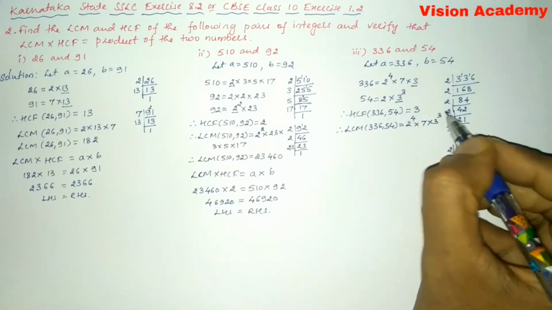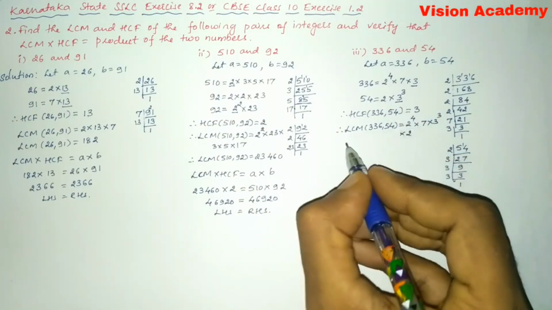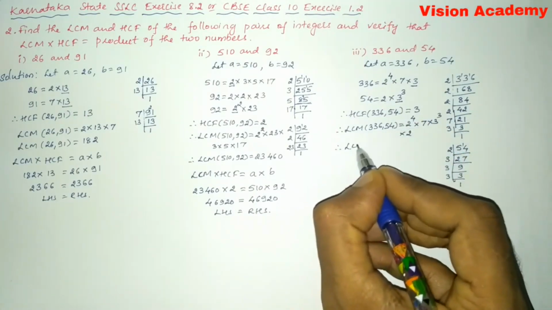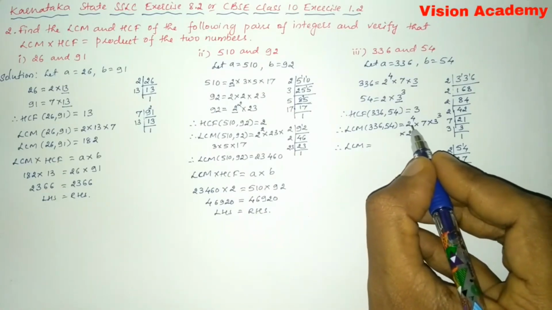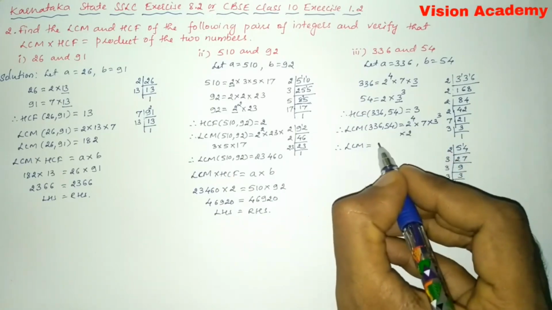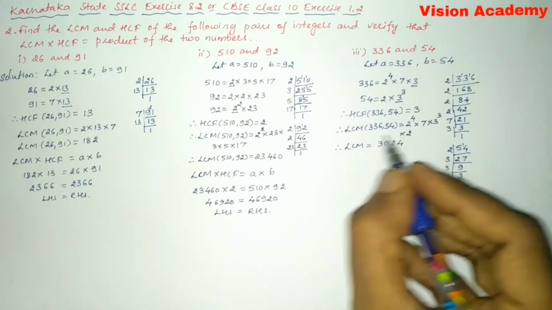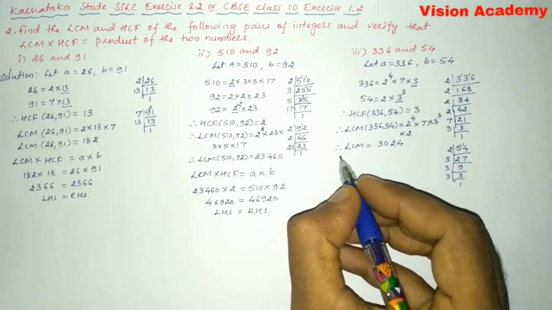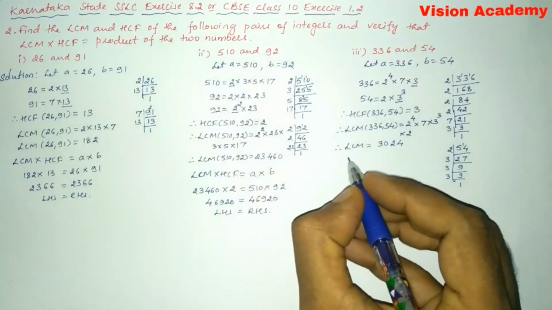So we'll write 3 to the power 3 into 2 is present here. So therefore we will get LCM of these two numbers. After simplification of all these, we are going to get 3024.